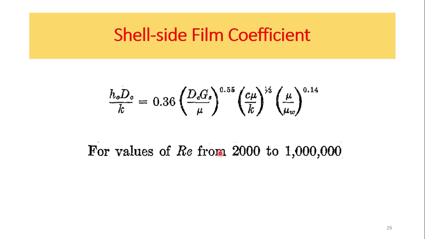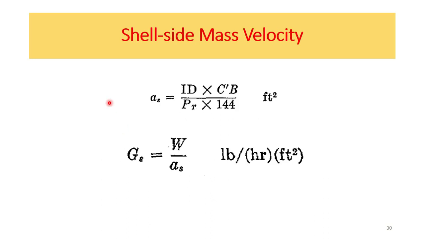If the Reynolds number is between 2000 and 1 million, which is mainly the turbulent region, this is the expression used for the shell side film coefficient. The next is the shell side mass velocity, which is the ratio of the mass flow rate divided by the surface area, right?